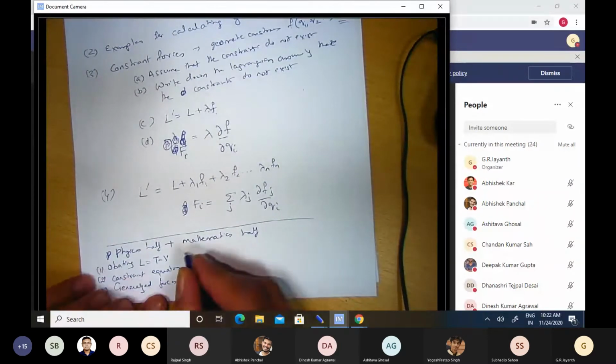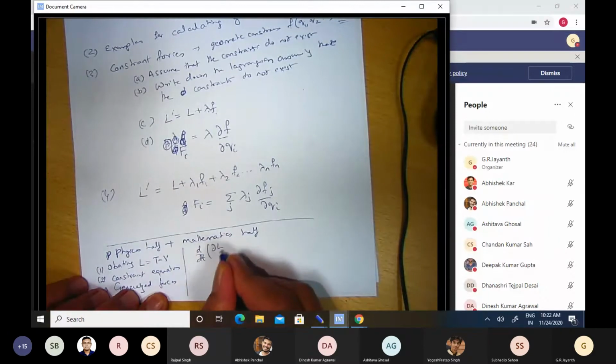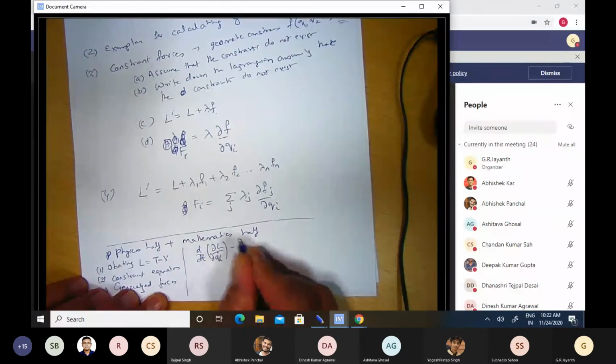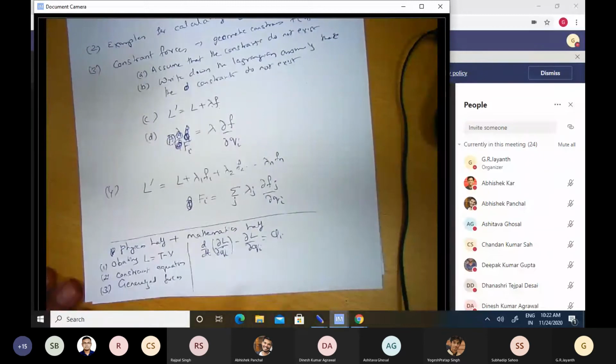Okay, so the mathematics half involves computing d/dt(∂L/∂q̇i) minus ∂L/∂qi is equal to capital Qi. So you have already computed capital Qi as under the physics half. You have already computed the Lagrangian again under the physics half, and then you would be solving this equation.